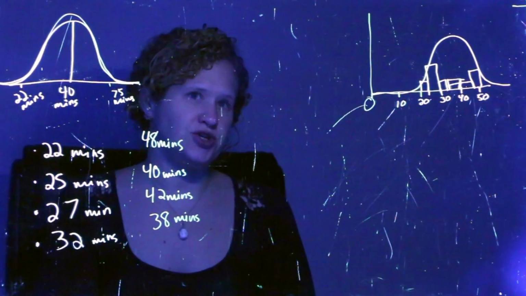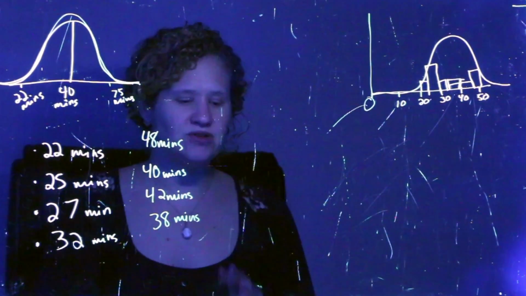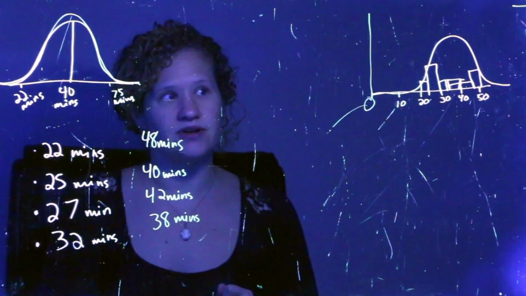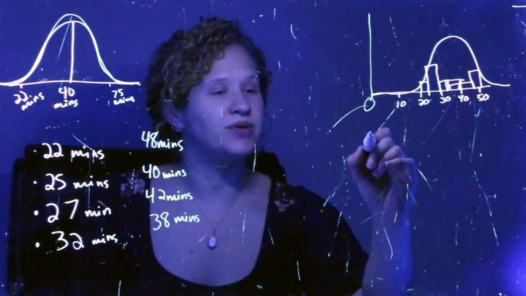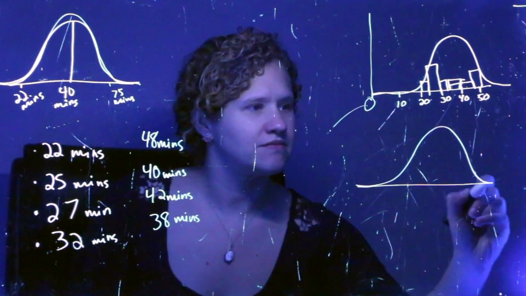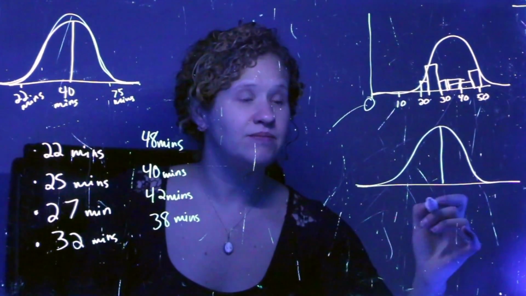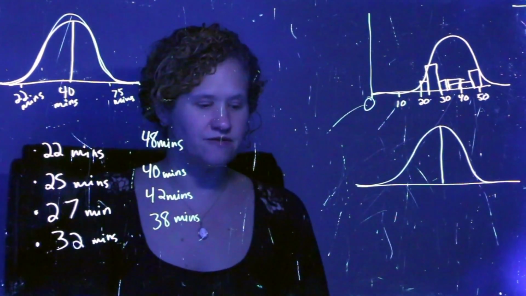The main thing to know for now is that the normal curve and the normal distribution is a standard shape. And because it's standard, it allows us to know exactly the percentage of scores that fall above the mean, below the mean, and also at any point within this curve.